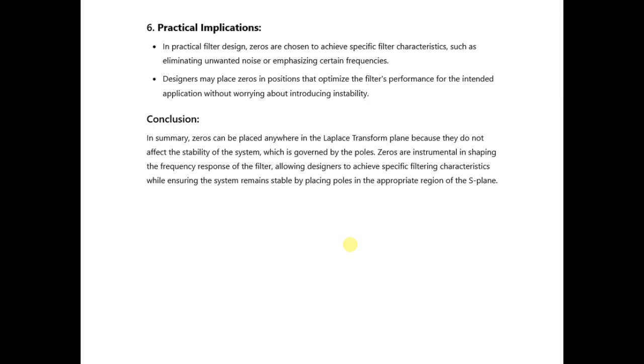Designers may place zeros in positions to optimize the filter's performance for the intended application without worrying about introducing instability within the filter. Okay. So these are the practical implications of placing the zeros in the Laplace transform plane.